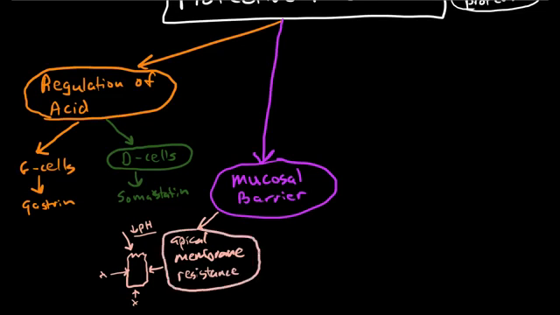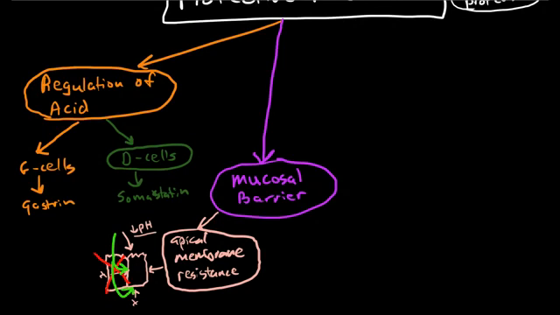Okay, so you can imagine what would happen if usually there is a very tight border between the columnar epithelial cells, but if one of these cells dies, then the acid will have direct access to the lateral or possibly even the basilar surface, and that cell is going to be damaged.